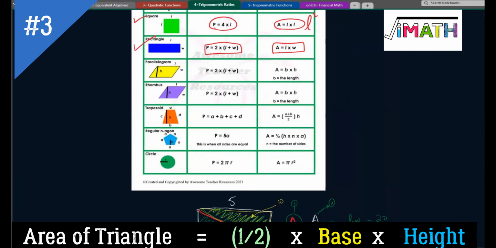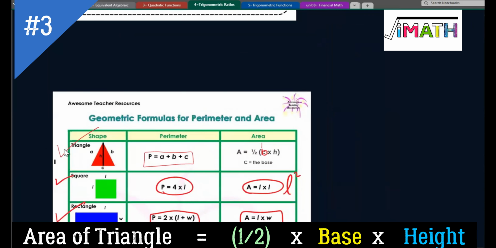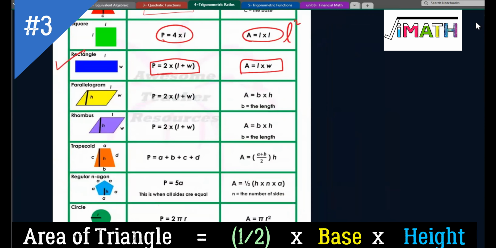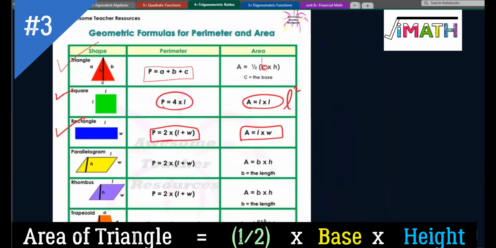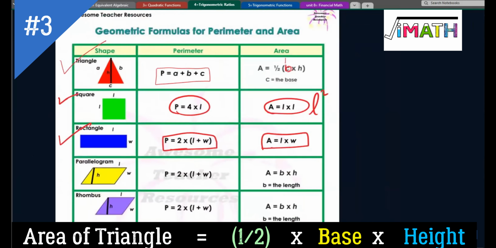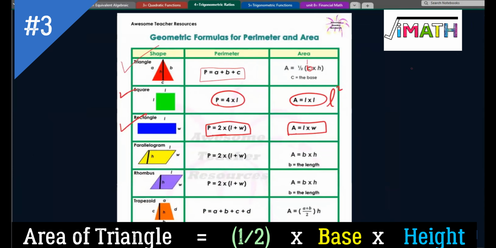So in our next class, I want you to make a formula sheet, maybe an A4 size page, and make some columns and some rows. We would be covering in our next sessions parallelogram, rhombus, and trapezoid.